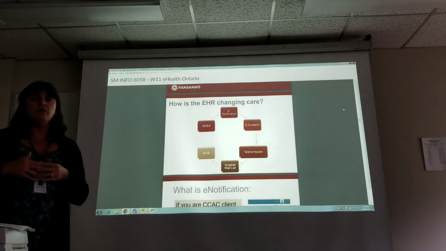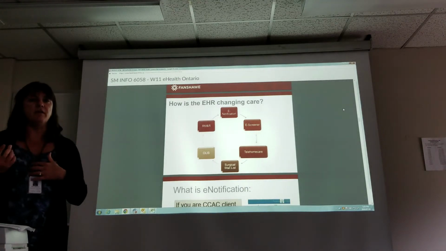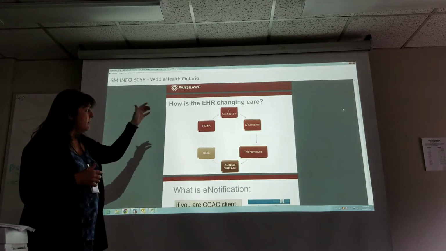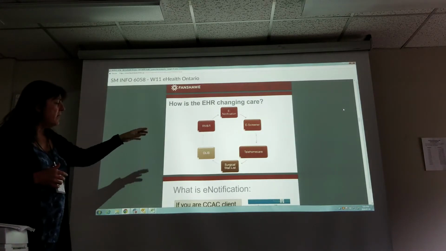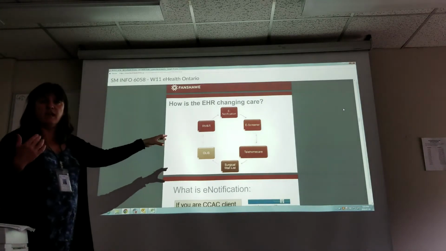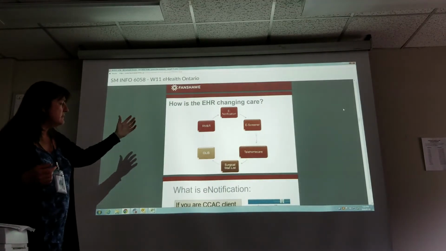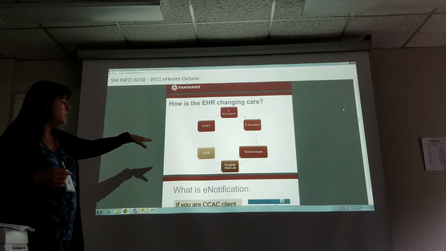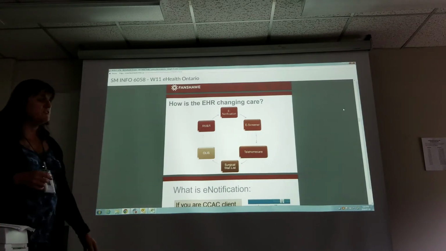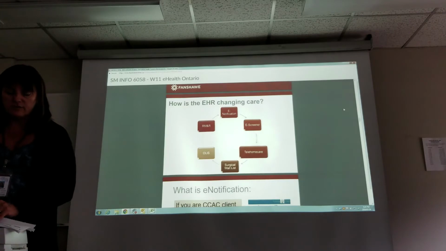They're also e-notified when they're discharged, and they get a copy of the discharge summary. There's the e-screener, the telehome care for folks to be able to communicate remotely to a healthcare provider, the surgical waitlist repositories, the Ontario Laboratory Information System, and that regional matching and referral service. Again, we'll go into those a little bit deeper.